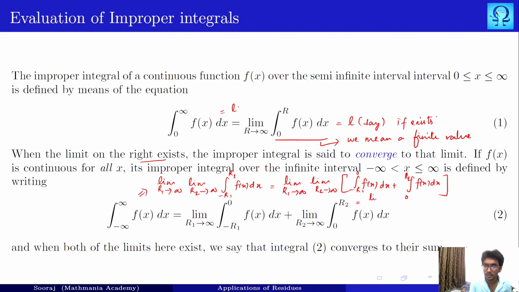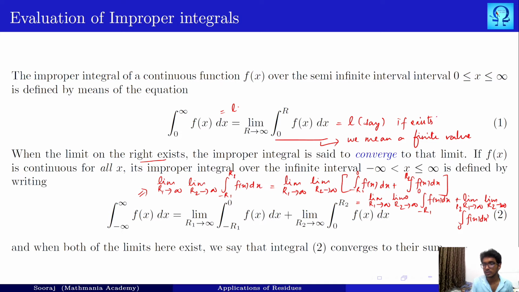So when we split these things, we get limit r1 approaches infinity, limit r2 approaches infinity, integral minus r1 to 0 f of x dx, plus limit r1 approaches infinity, limit r2 approaches infinity, integral 0 to r2 f of x dx.